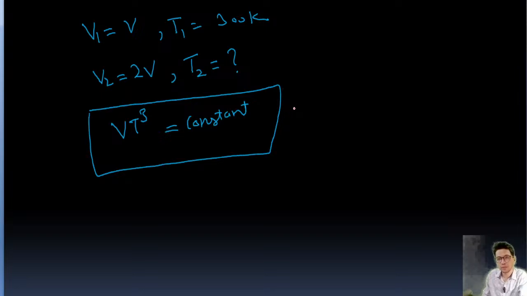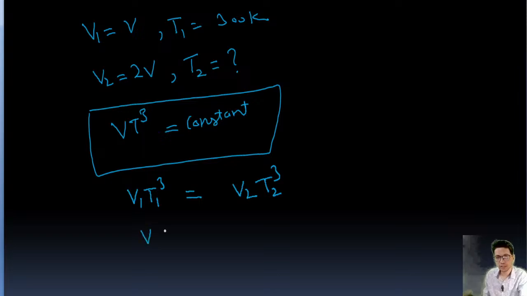It means V1 T1 to the power 3 equals V2 T2 to the power 3.